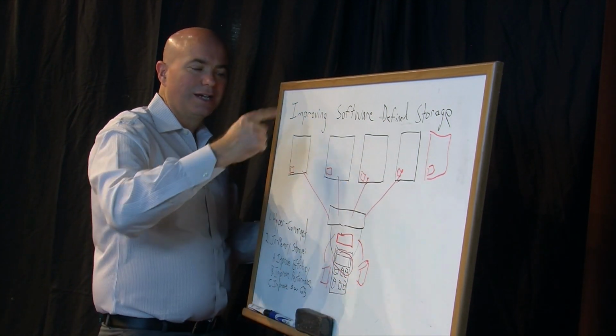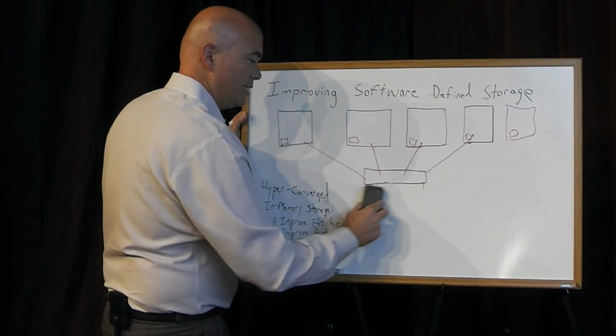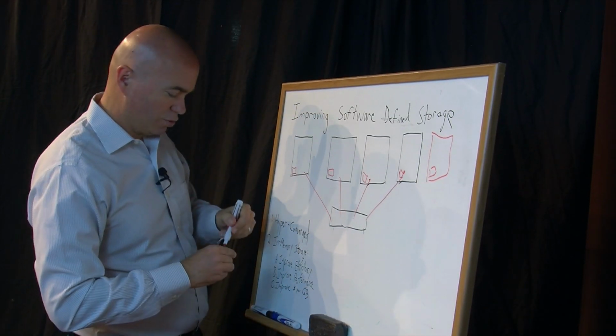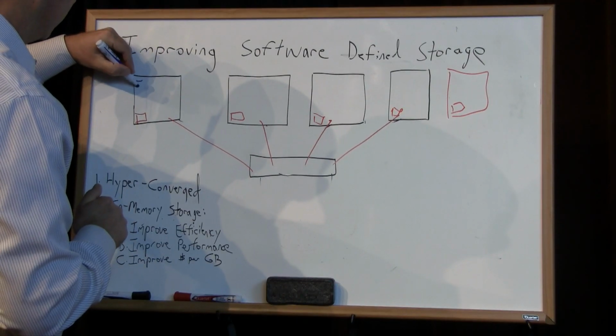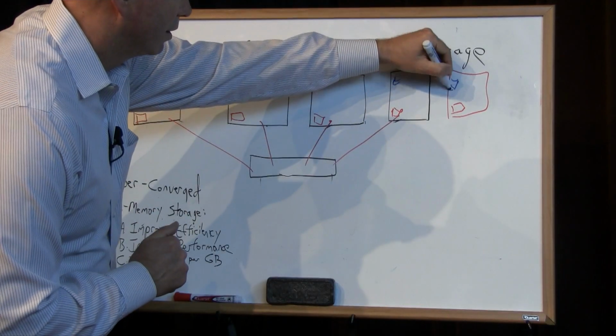That creates sort of a scale out environment, meaning that I possibly don't need a shared storage system down here. And now I can put drives actually in the hosts. So we'll go ahead and draw those in, and so on.